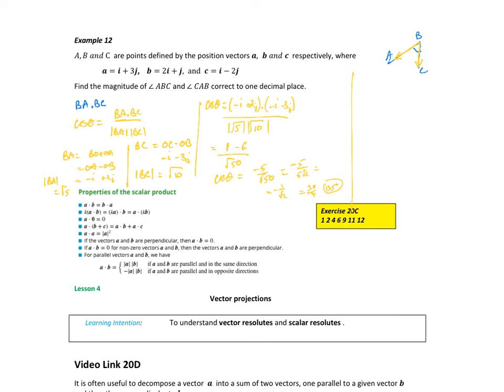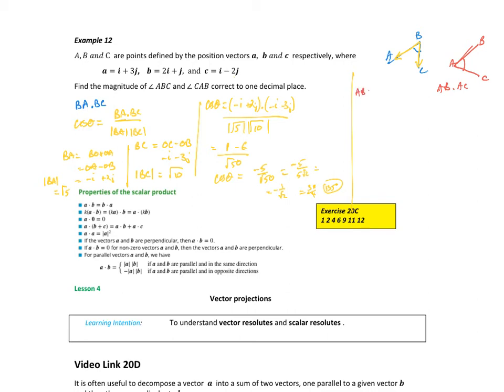If we do something similar for the angle CAB, it's AB dot AC, that vector there. It's really important to make sure you get the vectors the right way around. So we've got AB because it's the negative of BA.